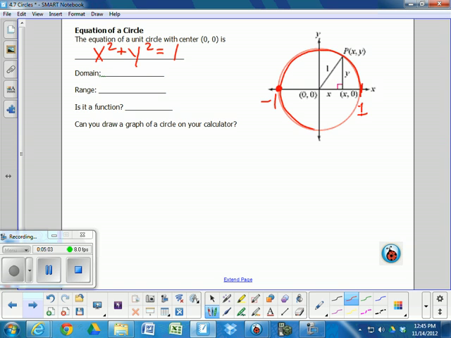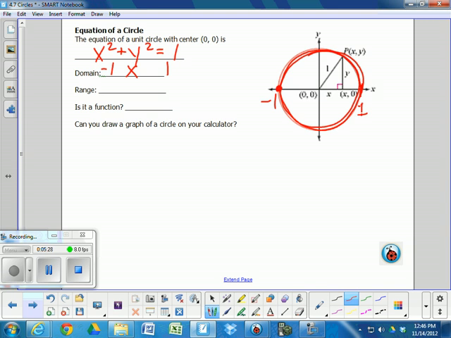And it kind of stays in that domain. The x's never go beyond 1 or -1. So the x's are kind of trapped in between 1 and -1. So that's how we write the domain. Here's how I'll write it. Ready? The x's are trapped between 1 and -1.